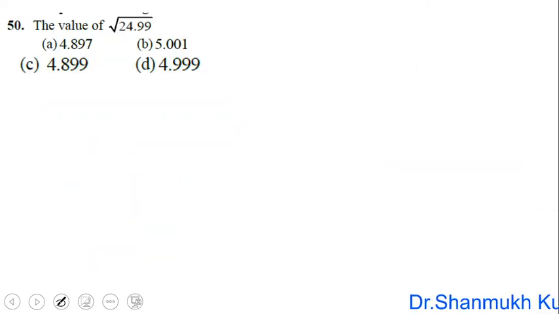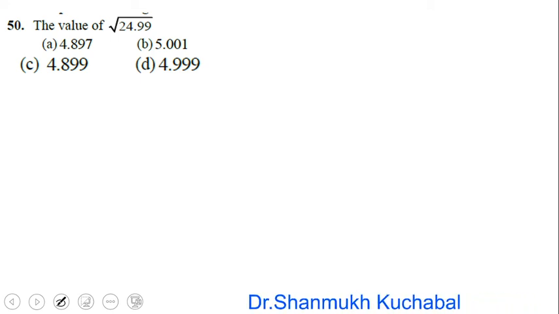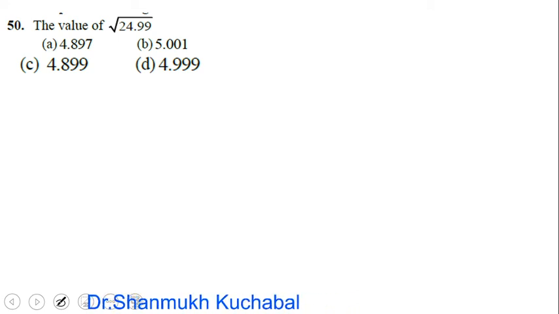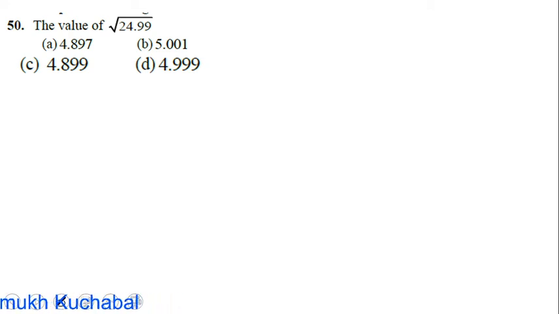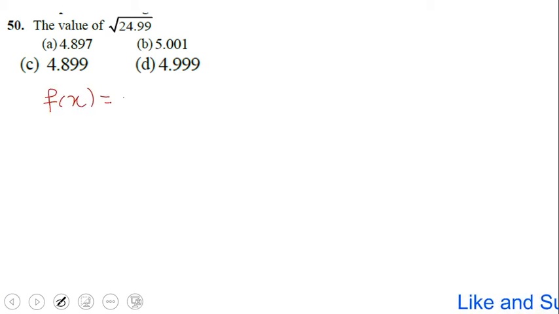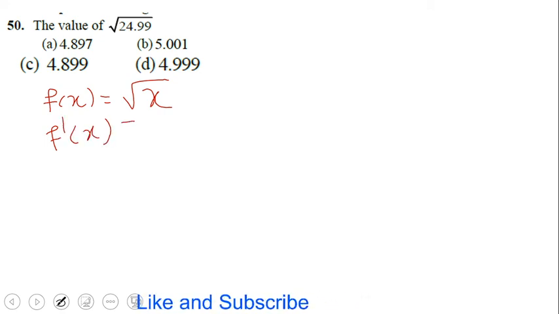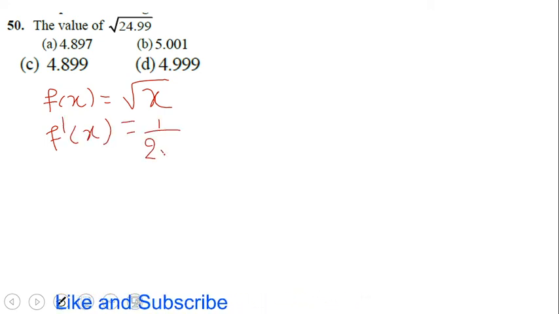Okay, so we'll move to the last example. Dear students, such a type of example comes under differentiability. It is very important, every year this type of question appears here. We have to calculate the value of the square root of 24.99. So f of x is the square root of x. We differentiate this, so f dash of x is 1 by 2 root x.